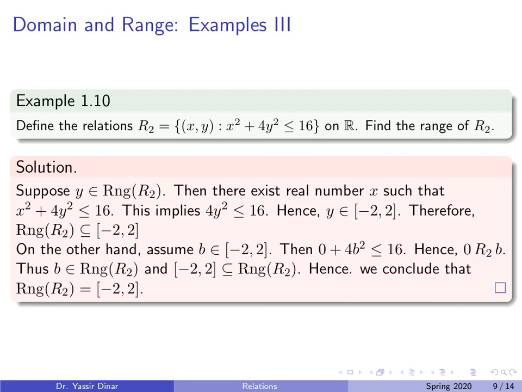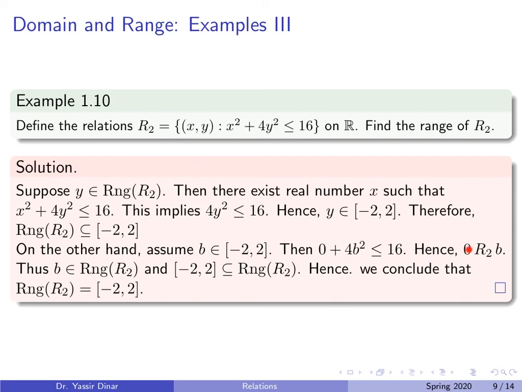To answer this question, I will take an element b in the interval from -2 to 2. I will notice that because it is in this interval, 4b squared will be less than or equal to 16, and so I can add 0.